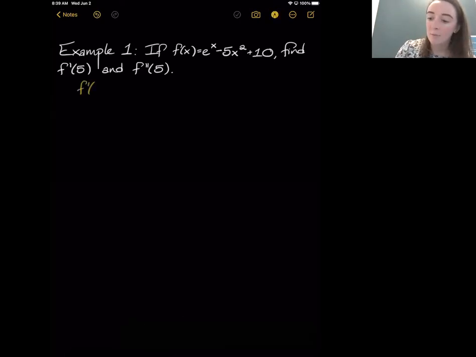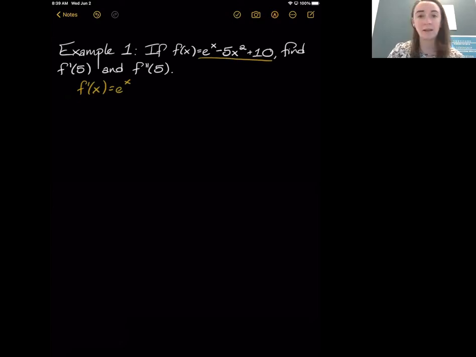So f prime of x is going to be the derivative of each term of f of x. Well, we know the derivative of e to the x is just e to the x. Our next term is this negative 5x squared. We use the power rule, so bring the exponent out front. Negative 5 times 2 is negative 10.